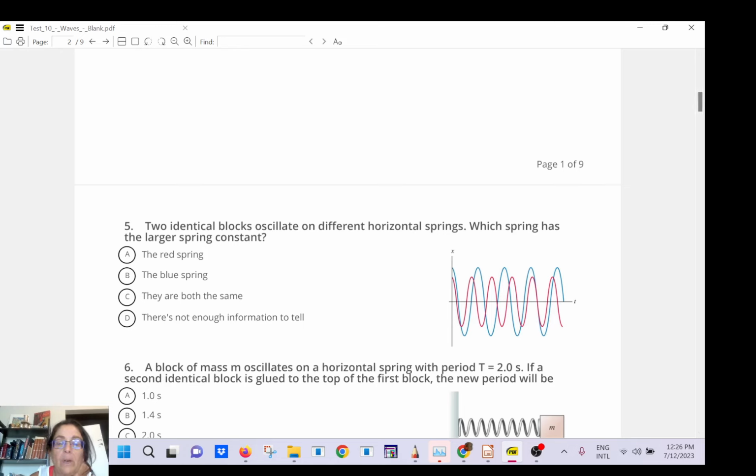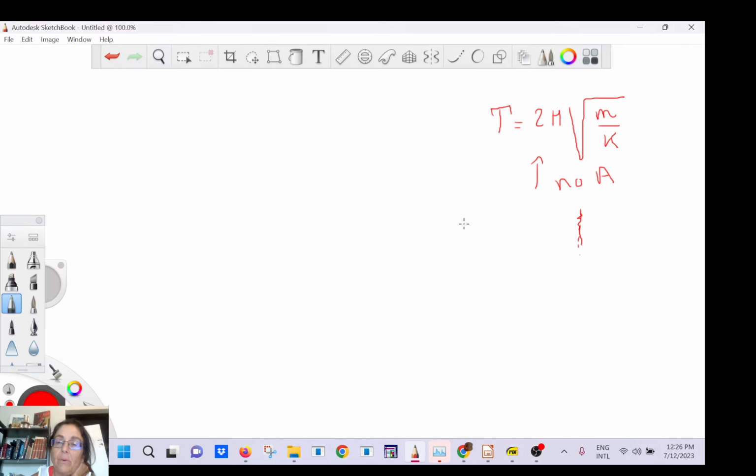So here you have 2 identical blocks, so the mass is the same, but they are attached to different springs. Which one has a larger spring constant? Remember that the period depends on K. If K increases, the period decreases, so the frequency increases.